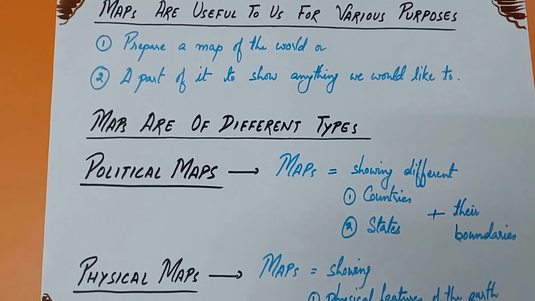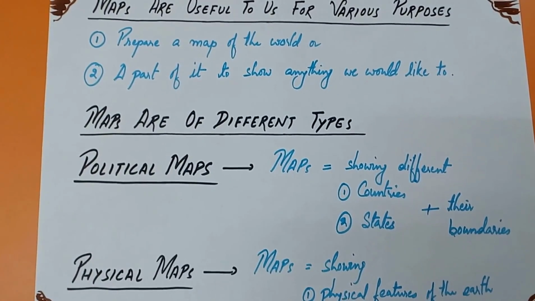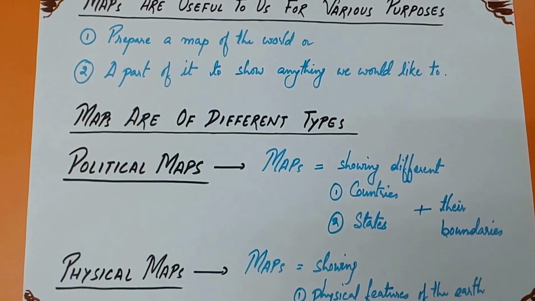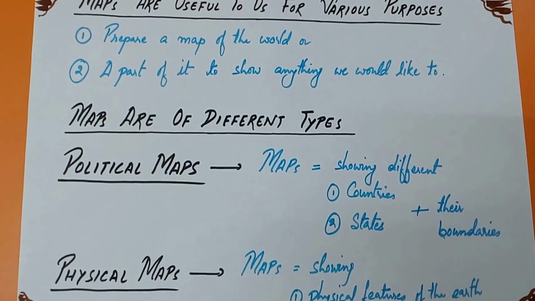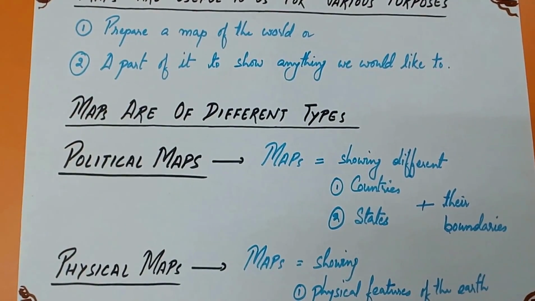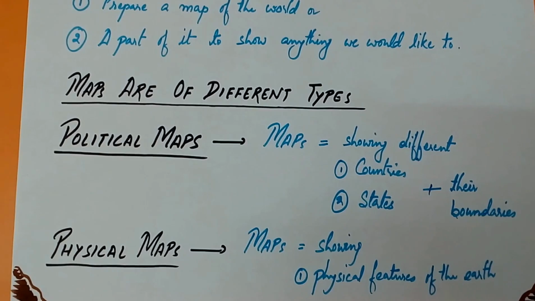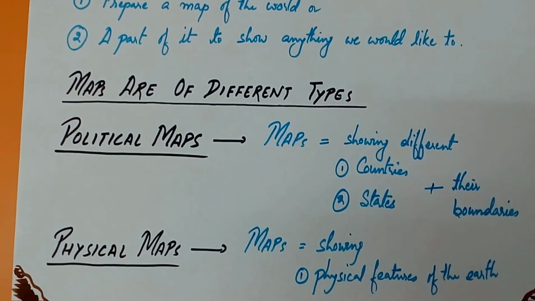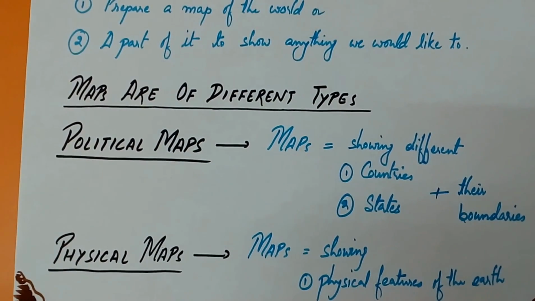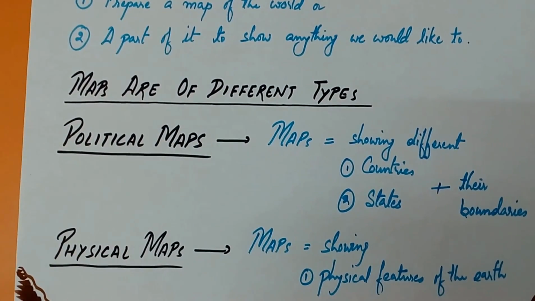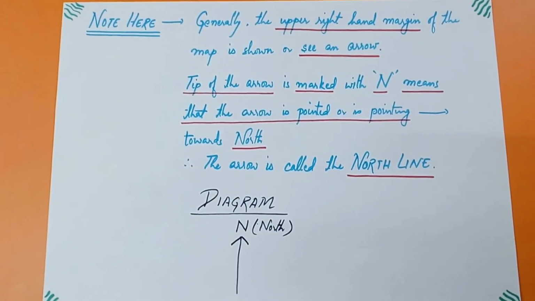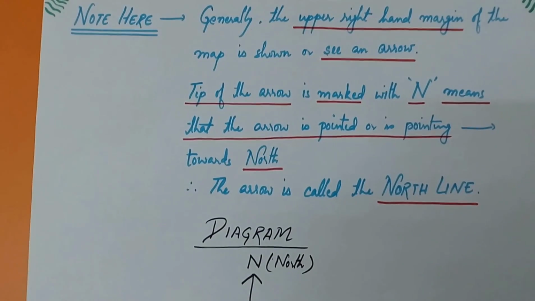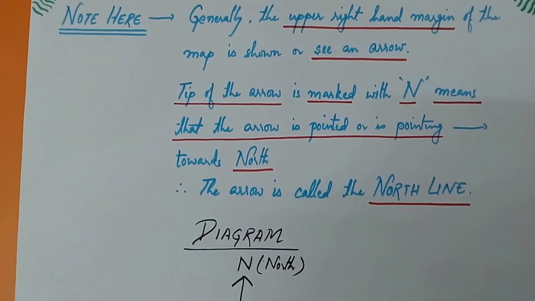Maps are of different types. First one is political map. Political map shows different countries, states and their boundaries. Whereas physical maps show only physical features of the earth such as mountains, lakes, rivers, ponds, etc. Note here, generally the upper right hand margin of the map is shown by an arrow.